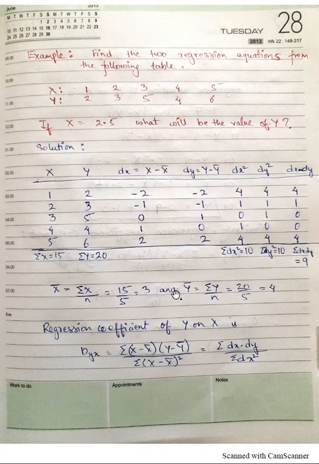And here y bar again is equal to summation y by n. Summation of all these, 2, 3, 5, 4, 6, is equal to 20. So summation y is equal to 20, n is equal to 5. So y bar is equal to summation y by n, that is 20 by 5, is equal to 4.